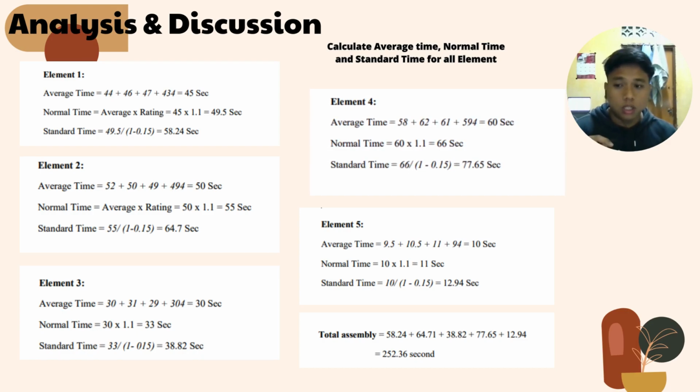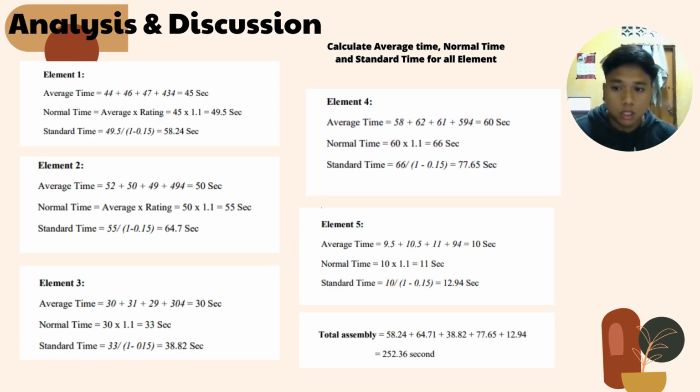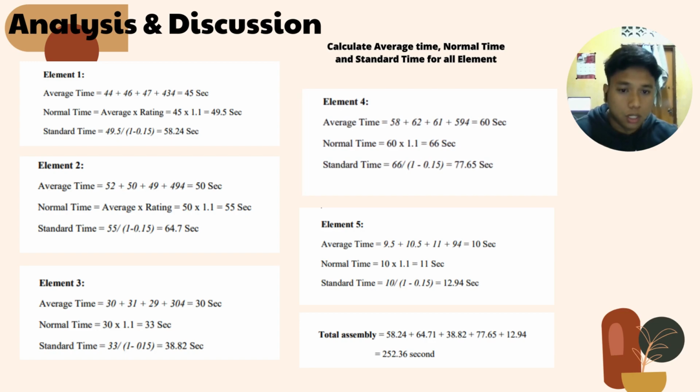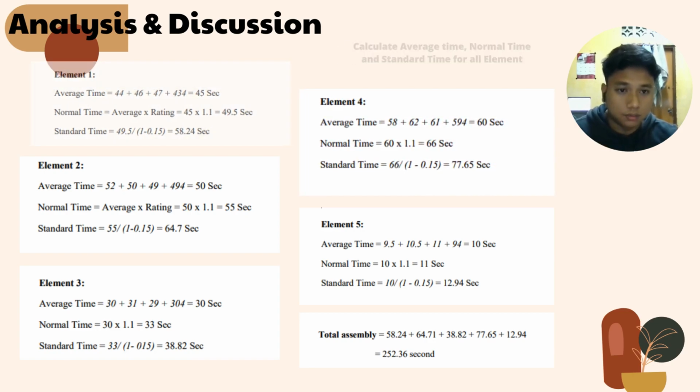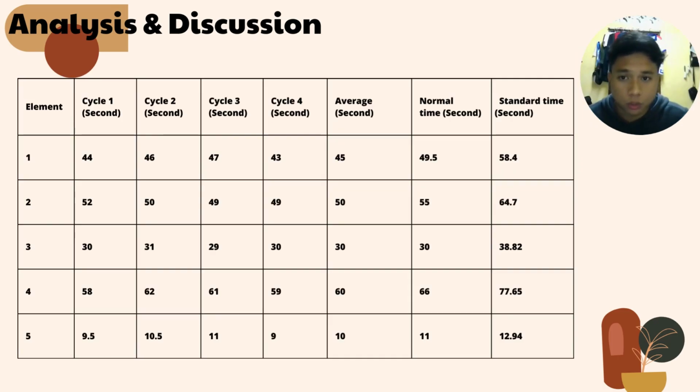After getting all the elements' standard times, sum up all the standard times to get the total assembly, which is 252.36 seconds. In this slide, we get the data for average, normal time, and standard time for element 1, element 2, element 3, element 4, and element 5.